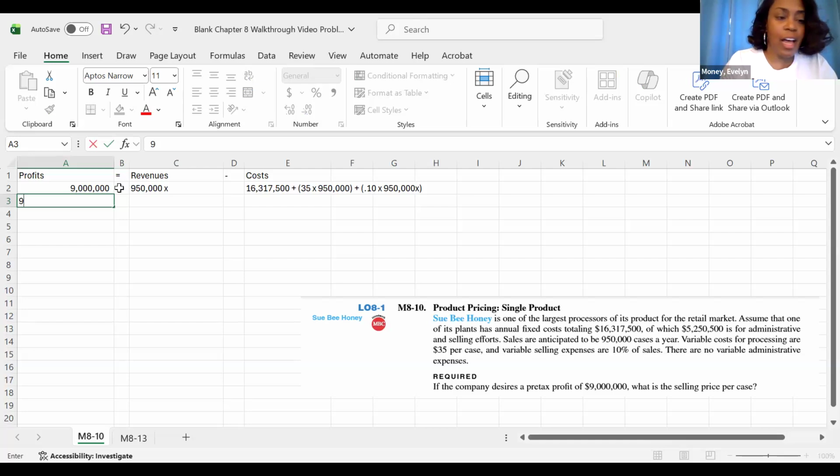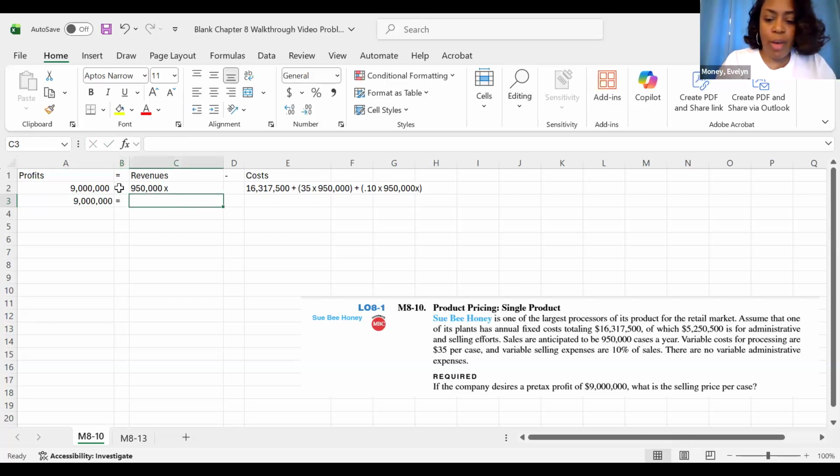So we're still going to take that 9 million in profits. And we still have the 950,000 times X. And what we need to subtract out, we can do some math here because now we can do the 16,317,500 plus the 35 times the 950.